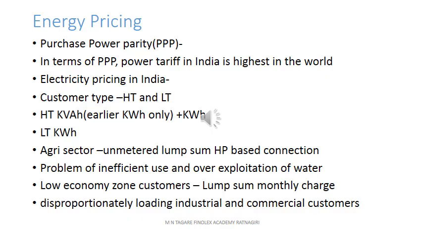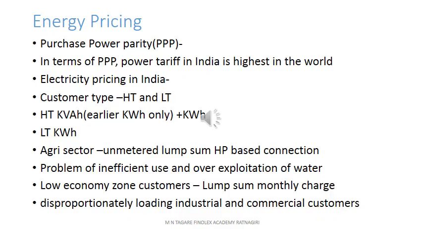Now, if we see the energy pricing or electricity pricing for HT customers, it is based on maximum demand, that is kVA, and the energy consumed by that customer, that is kWh. So the billing is done on these two parameters: the maximum demand achieved by that customer during the billing cycle or month.